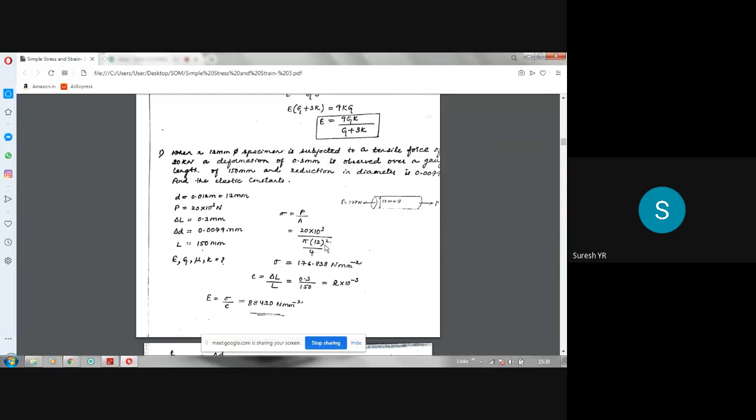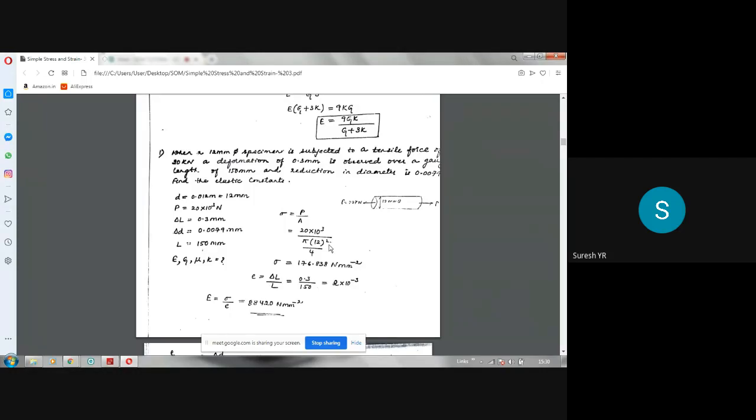Area is pi d square by 4 for this bar, where D is 12 mm, so pi into 12 square by 4. If you simplify this, you get the normal or tensile stress. So sigma is the tensile stress, 176.8 Newton per mm square. P is in Newton, A is in millimeter square, so stress will be in Newton per mm square.